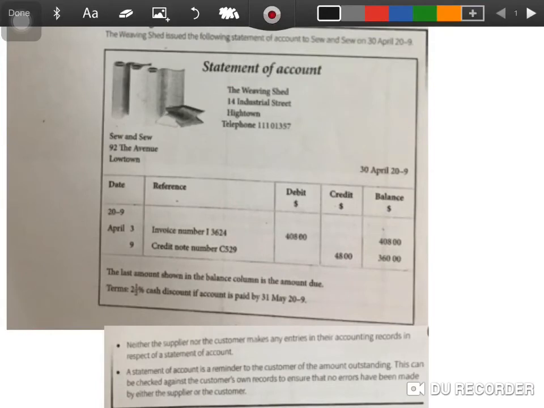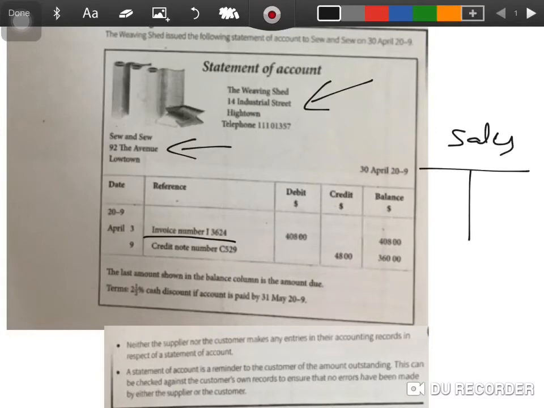You can see that on 3rd April an invoice was sent to CU&CU, which means they must have bought goods from me. When I, being the weaving shed company, sold goods to them, I must have recorded this as sales. So the sales account should have been credited, and this is the customer's account, so it was debited.